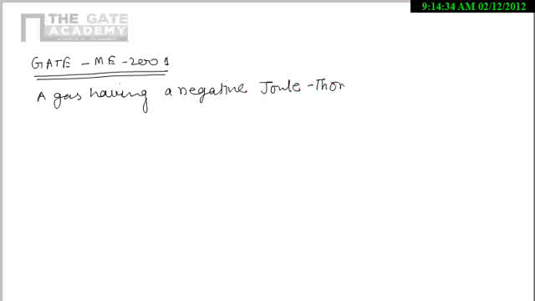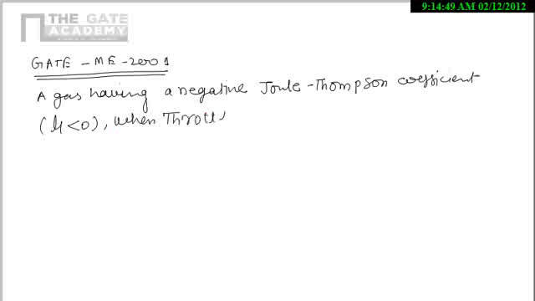A gas having a negative Joule-Thomson coefficient, that is mu is less than 0, when throttled will: A option, become cooler.